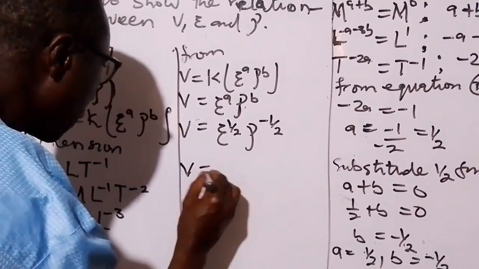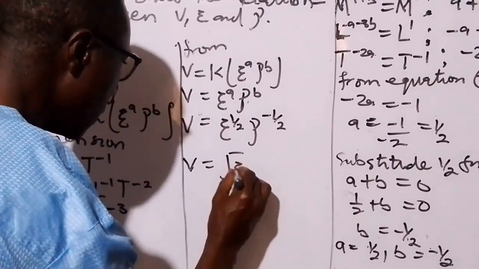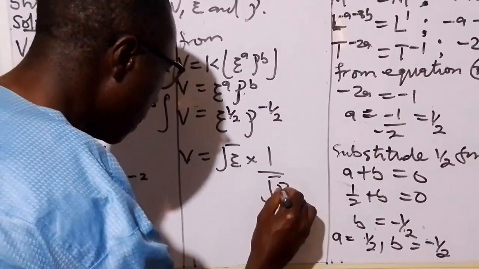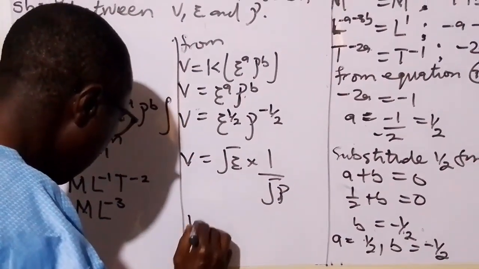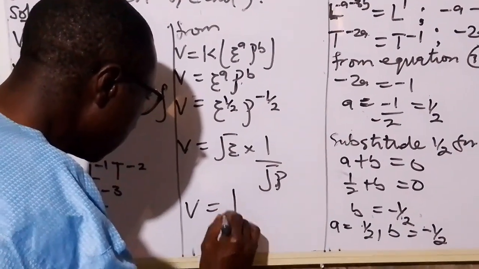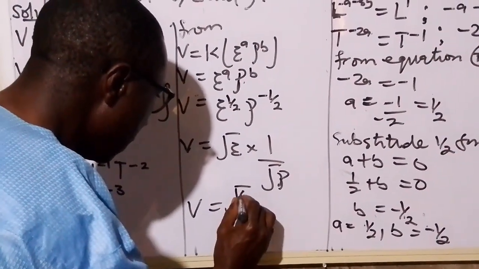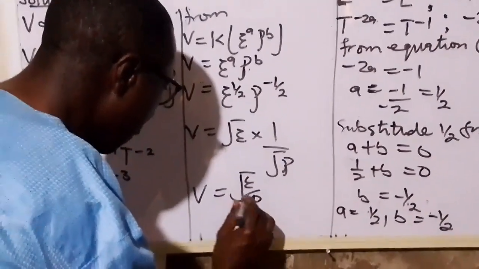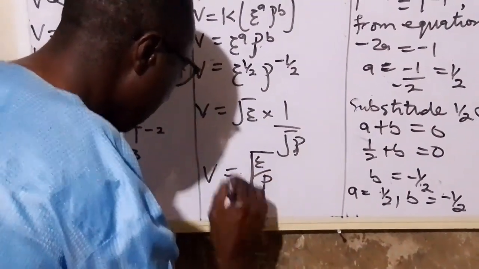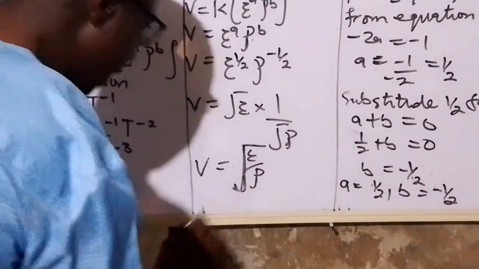V is equal to square root of E multiplied by 1 over square root of density. So finally, the relation will be V is equal to square root of E over P. That will be the final answer.